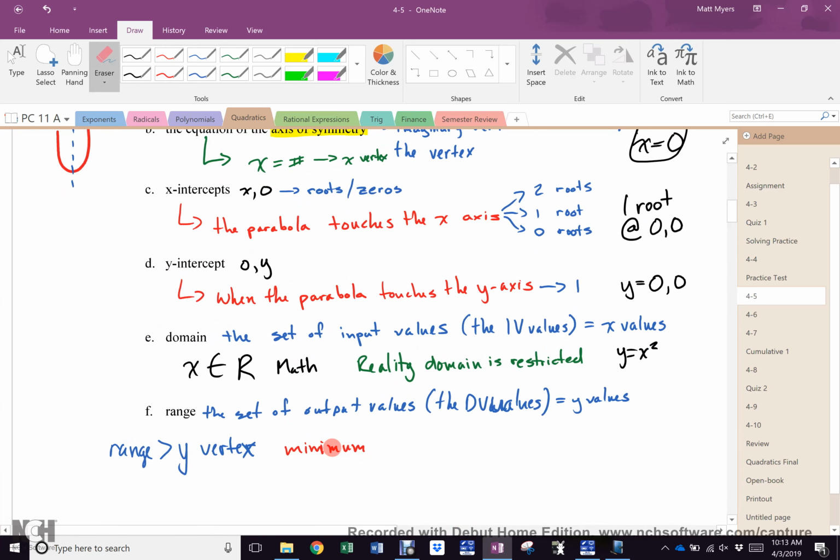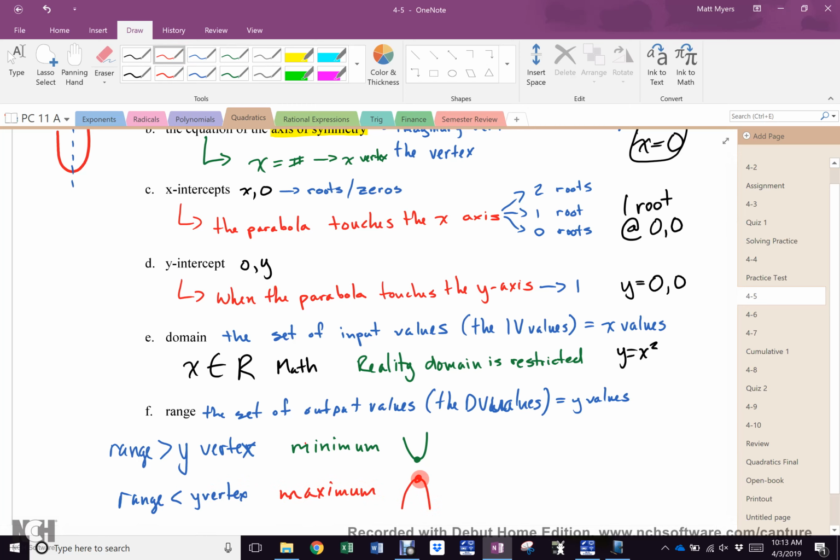Oh, sorry, that was the green parabola. I'm sorry, guys. My brain is obviously not totally functioning. This type of parabola, because that vertex is a minimum, so the range has to be greater than that y. And then the range must be less than the y vertex if the vertex is a maximum, which is that one. Is everybody cool?